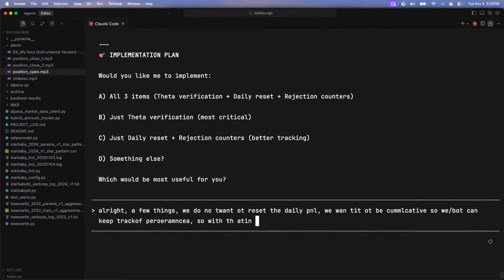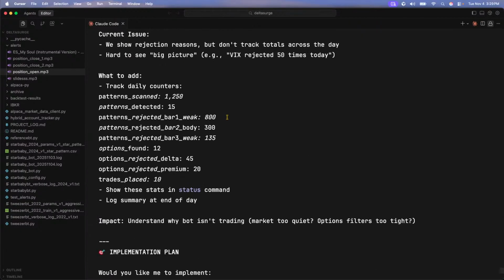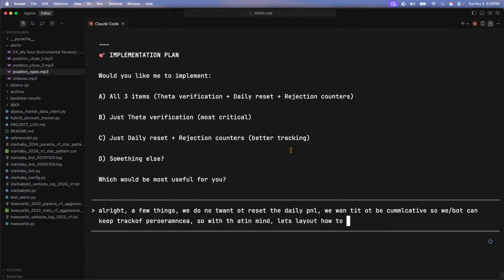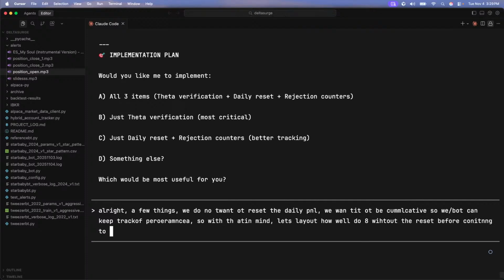So with that in mind, let's lay out how we'll do 8 without the reset before continuing to finish the others.